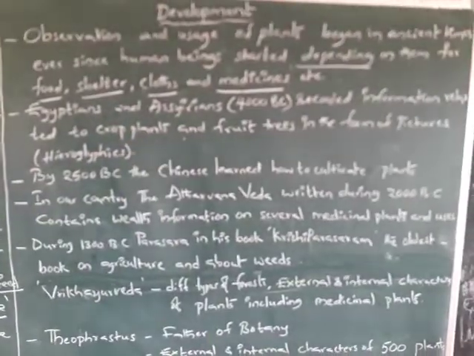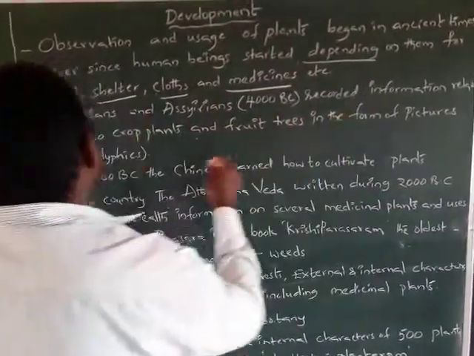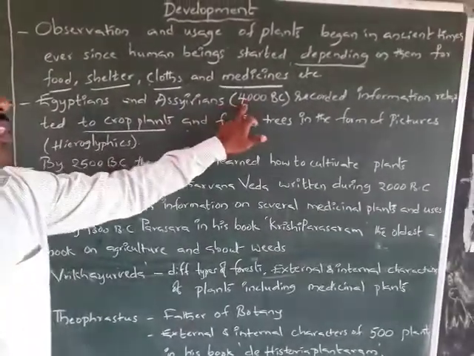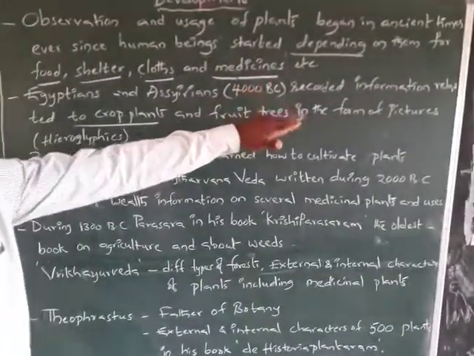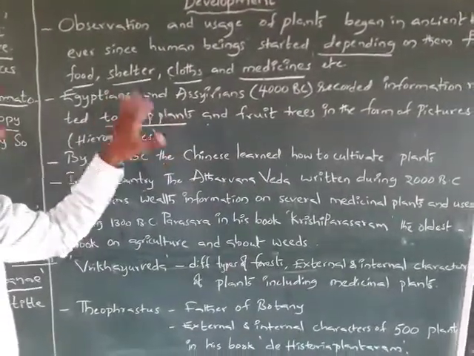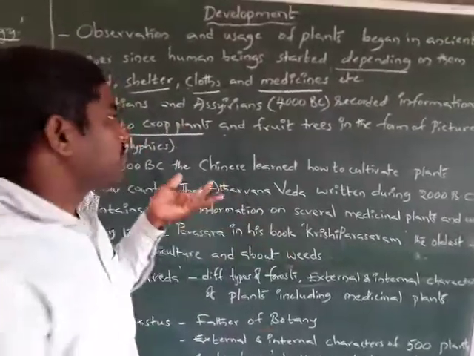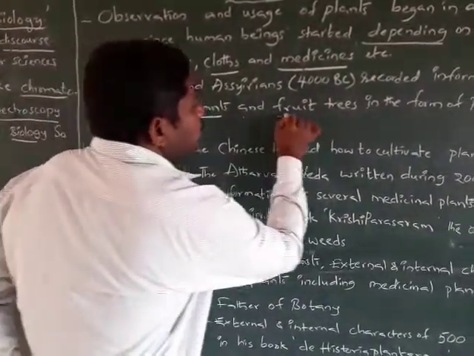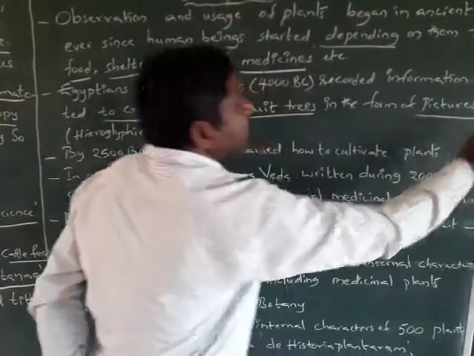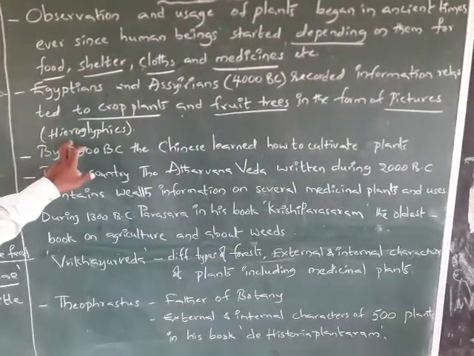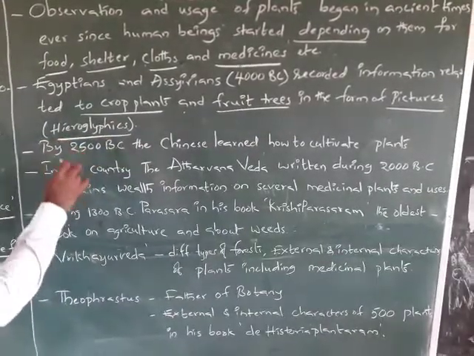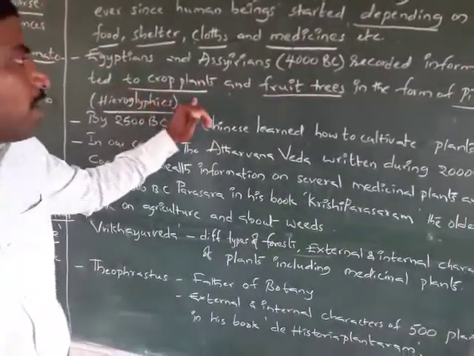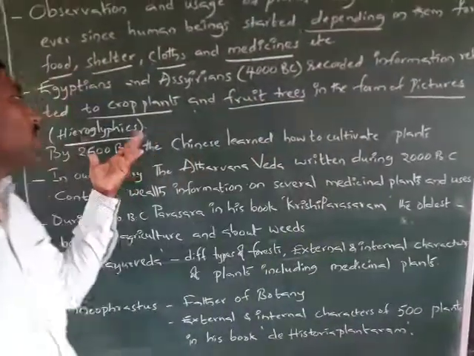The Egyptians and Assyrians, around 4000 BC, recorded information related to different types of croplands, plants and fruit trees in the form of pictures, which is called hieroglyphics.